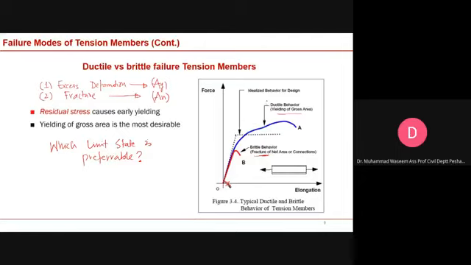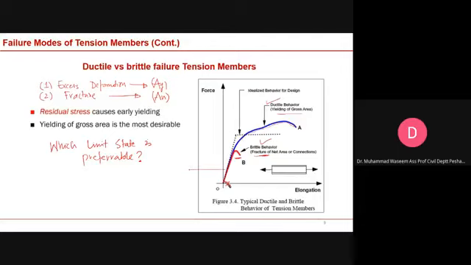Sir, ductile behavior. Yes, you will go for the ductile failure, because you will get a warning, and the other will be very sudden. So you want to avoid this one and prefer this one.